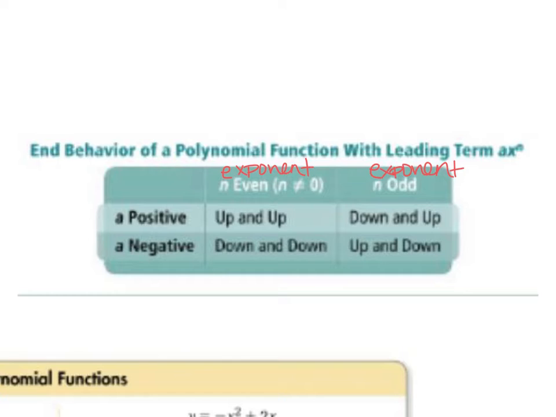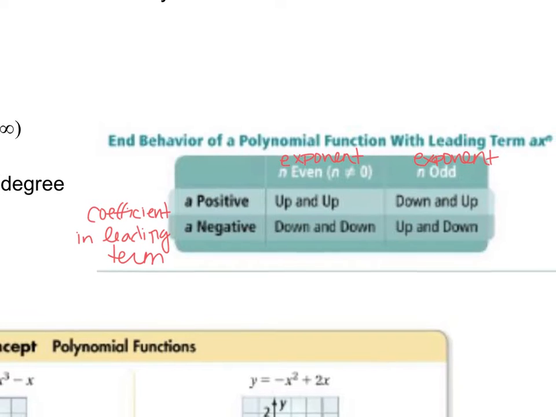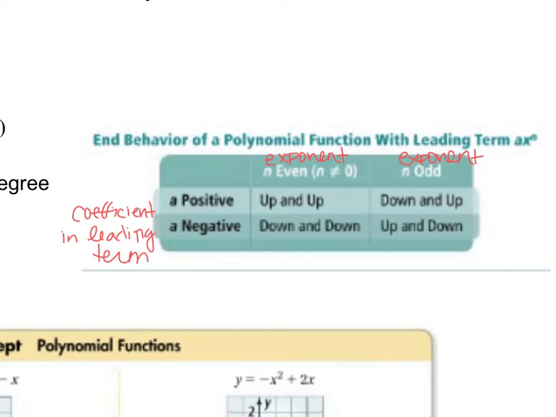So if your exponent is even and the coefficient in the leading term is positive, remember, this is for standard form. So if it's not in standard form, put it in standard form. So if your leading coefficient is positive and the exponent is even, it's going to be up and up.